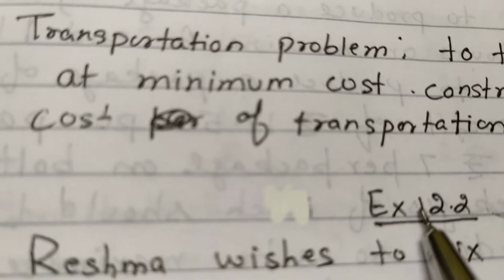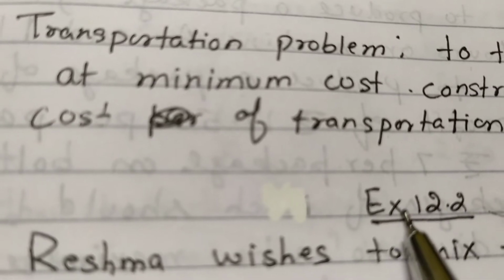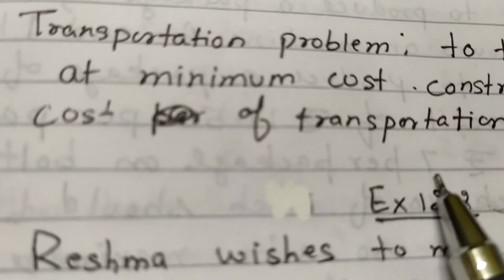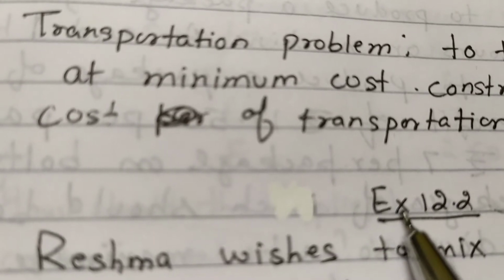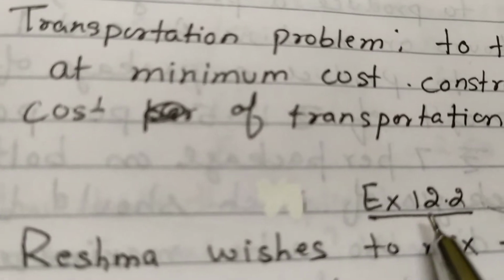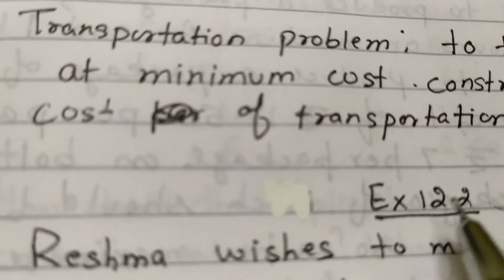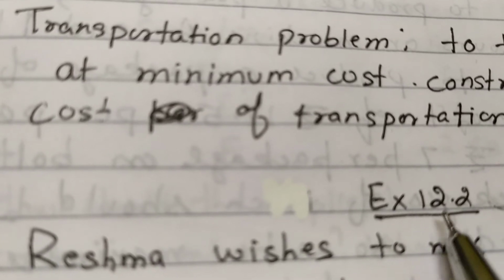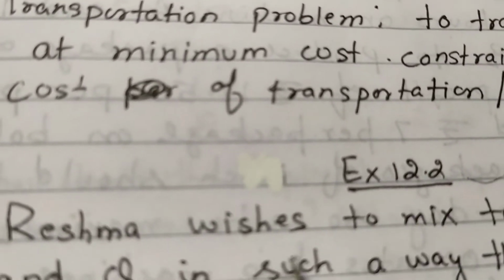In 4 plus 2 you get a 4 marker sum from exercise 12.1, and you get a sum from exercise 12.2. In exercise 12.1 you only have to formulate the problem, you don't have to solve it graphically. But in exercise 12.2 you have to formulate the problem as well as do it graphically. That means it will be a 6 marker.